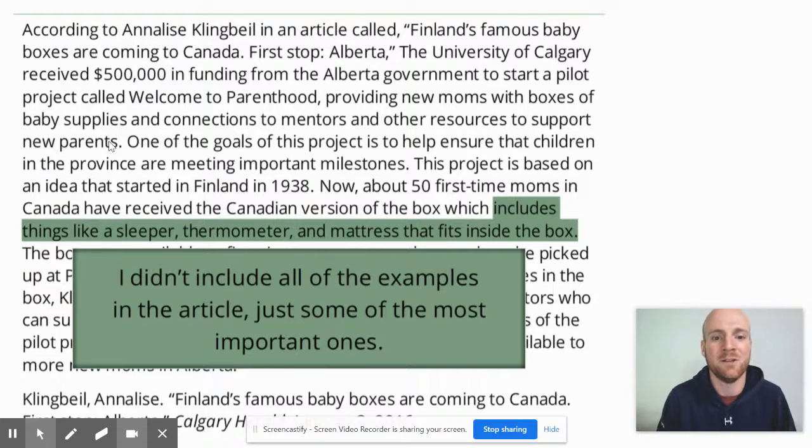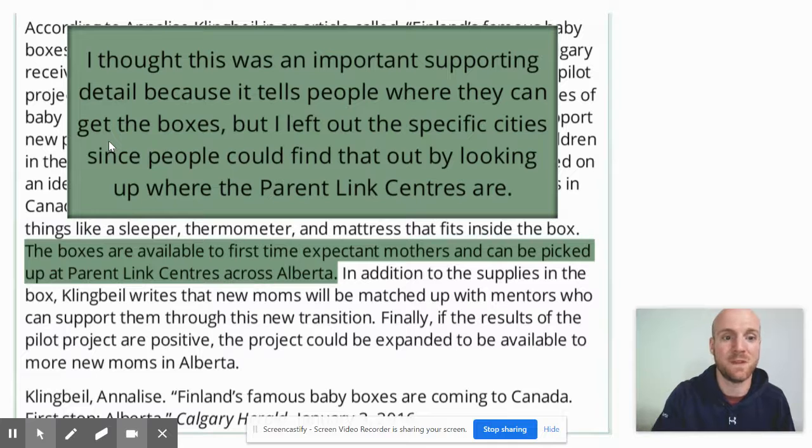Then I went into some of the details about the boxes. I didn't include all the examples of what's in the box, just some of the important ones like a sleeper, a thermometer, and a mattress that fits inside the box. So you can pick and choose what you think is super important to include. I thought this was an important supporting detail because it tells people how they can get the boxes.